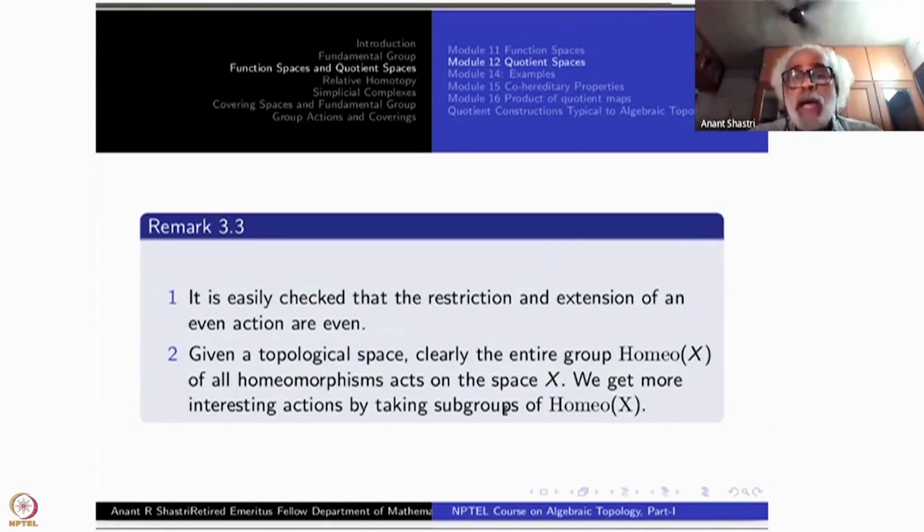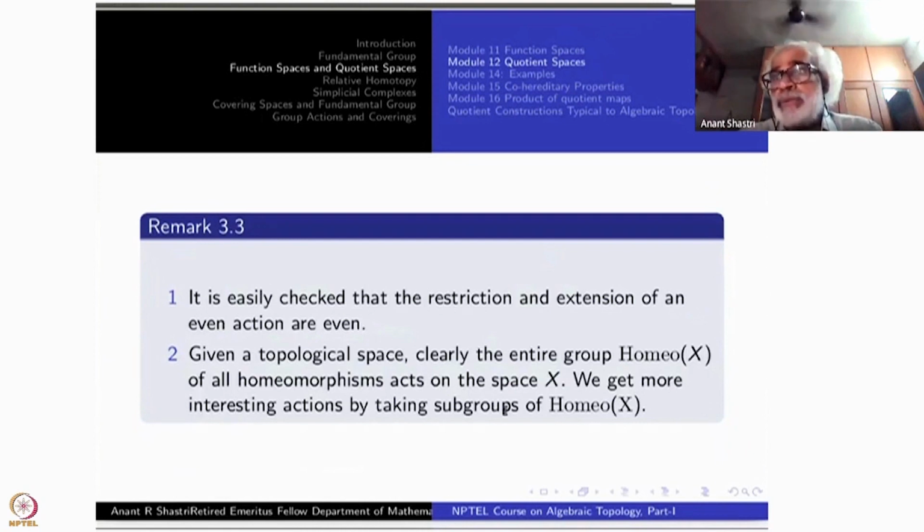Given a topological space, clearly the entire group of homeomorphisms acts on the space. We get more interesting actions by taking subgroups. What kind of subgroups you take? You see, the action of homeomorphisms on a topological space is already there.